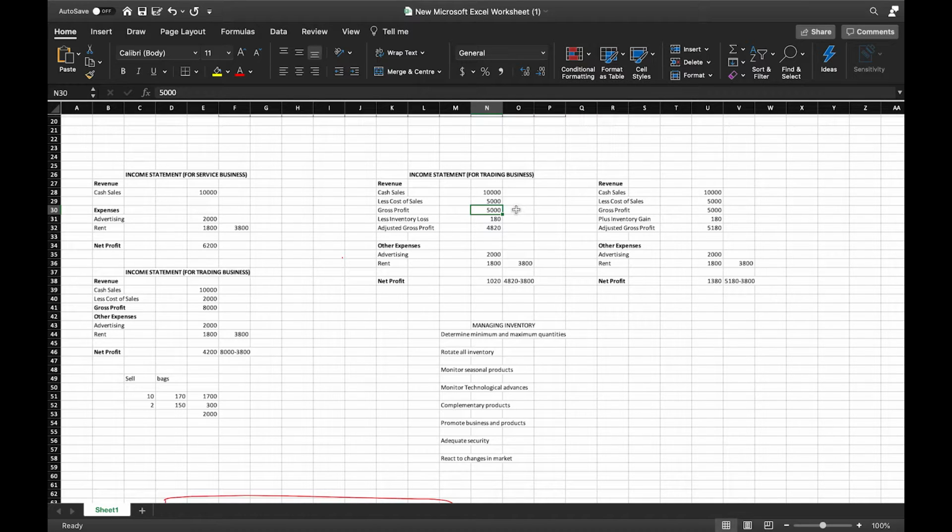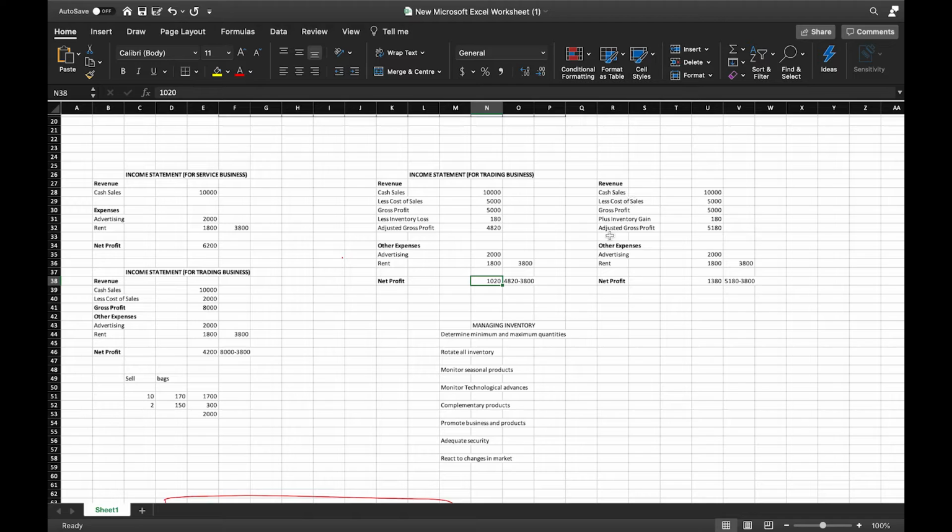We just found out that we have a loss in inventory of 180. So the adjusted gross profit would be 5,000 minus 180, which is 4,820. All of the other expenses are pretty much the same. We still use that adjusted gross profit, we minus the total other expenses, and we have the net profit.